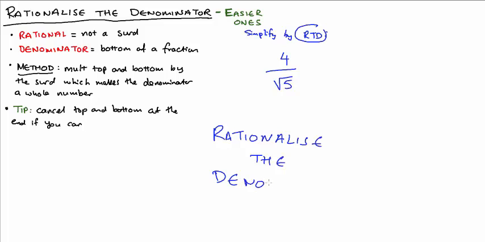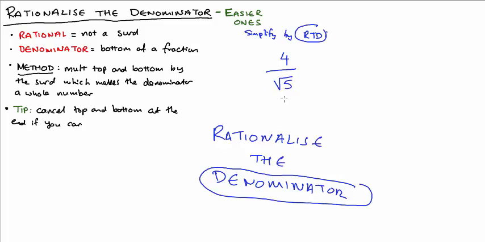So here's what the question gives us: essentially a fraction where the top number is 4, i.e. the numerator is 4, and the bottom number, the denominator, is the square root of 5. The problem is that the denominator, because it's a square root, isn't rational.